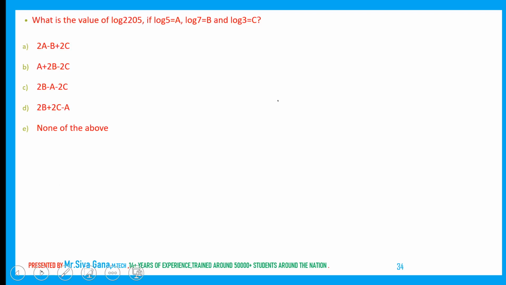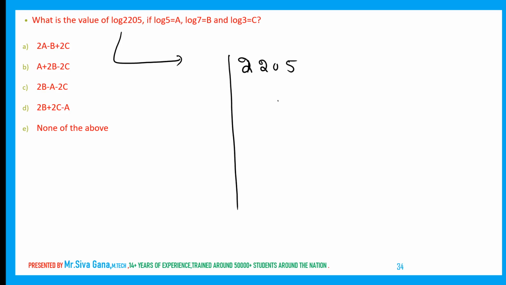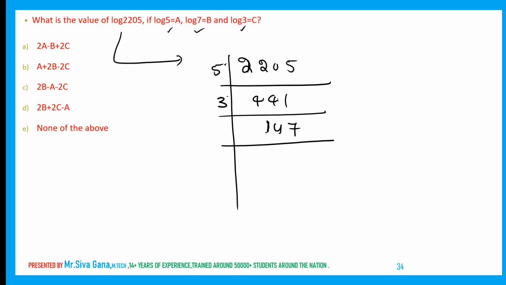What is the value of log 2205 if log 5, log 7 and log 3 are given? First of all, 5 is given, so let us work with 5. 2205 divided by 5 is 441. Next, we can work with 3: 441 divided by 3 is 147, and 147 divided by 3 is 49.